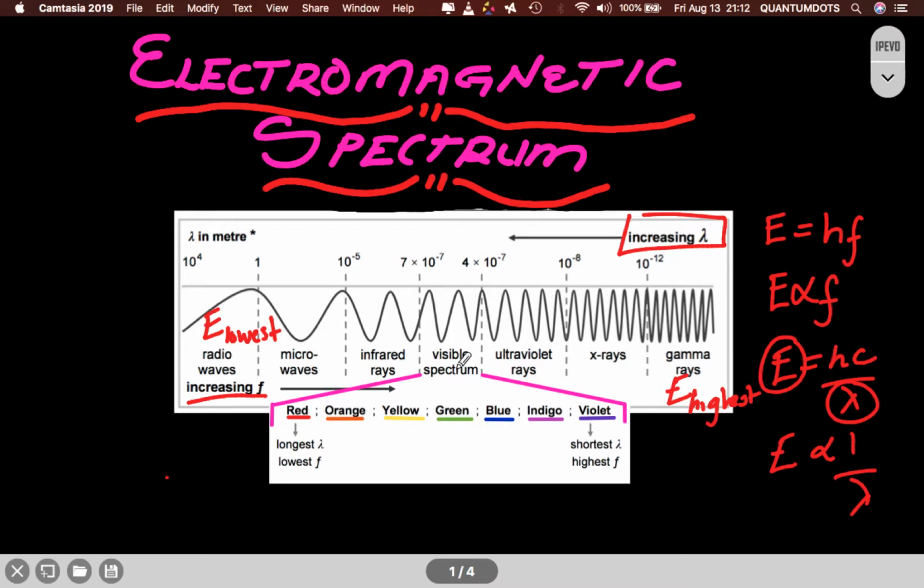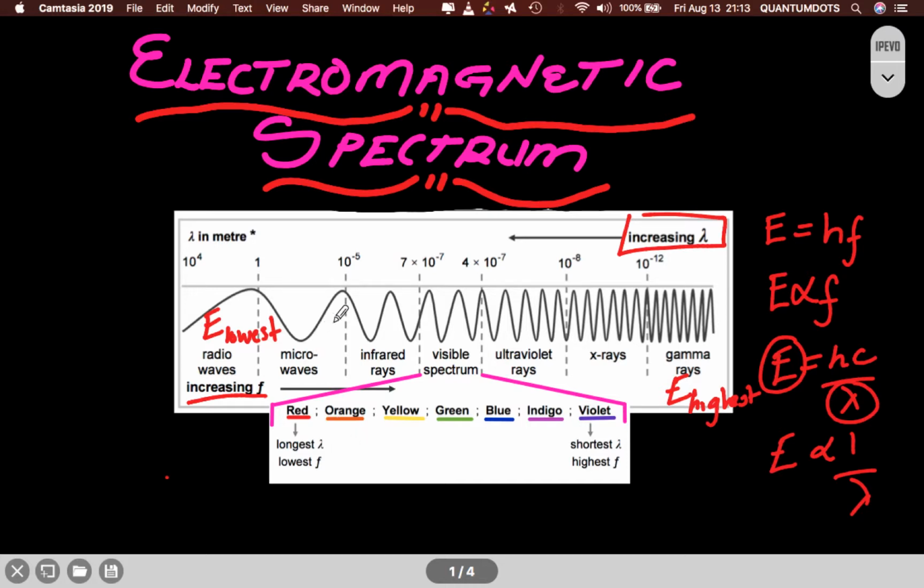Now let's move on to the visible part of the spectrum. On the visible part of the spectrum, as we move from the left to the right here, we have red, orange, yellow, green, blue, indigo, and violet arranged in order of their wavelength and frequency, whereby the frequency also increases from red to violet.